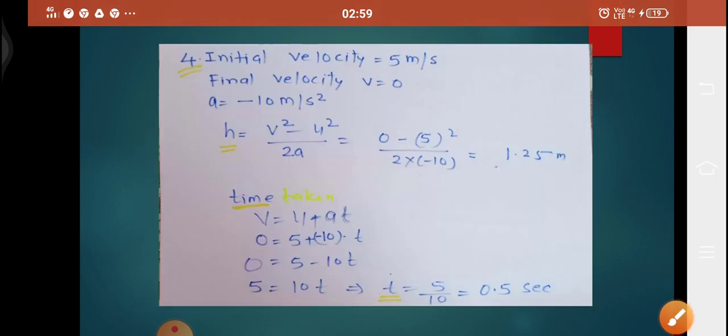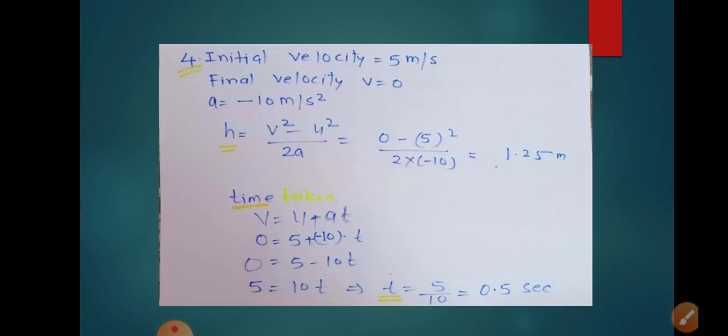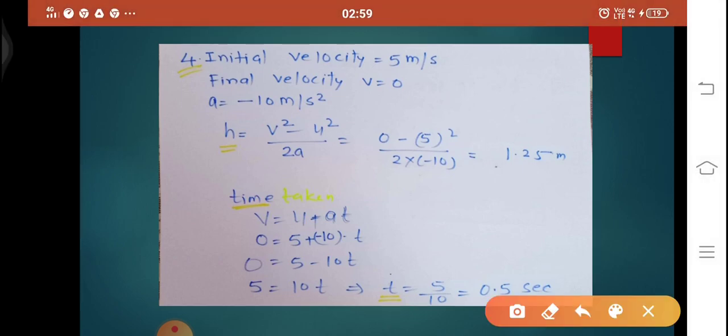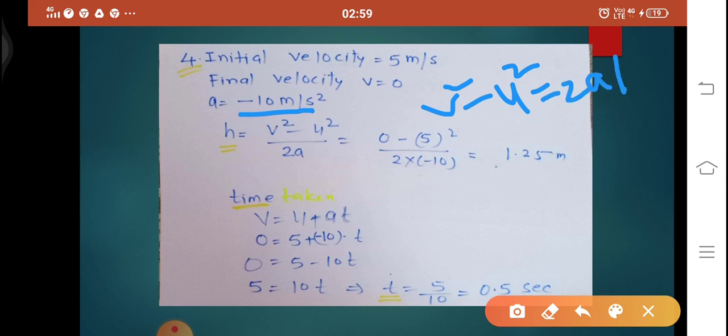So let us see. Initial velocity 5 meter per second, and now see the acceleration, because it is in downward direction, so minus 10. So we can use v square minus u square is equal to 2ah.